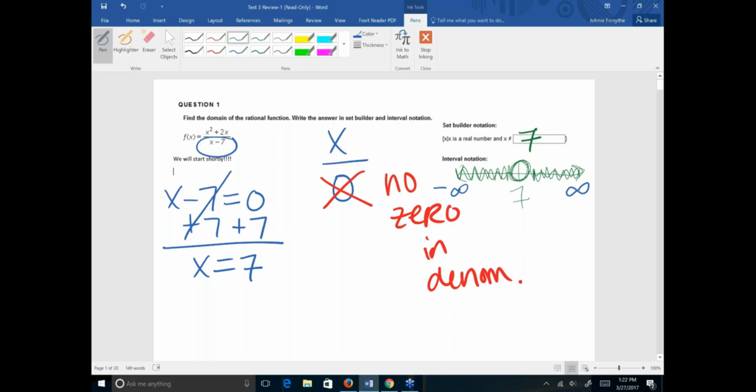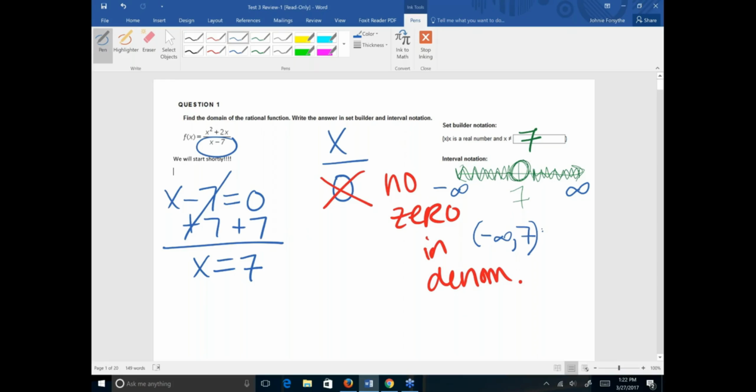You always want to write your interval from left to right. So starting from the left, we're starting with negative infinity. You always use a parenthesis with infinity, comma, all the way to 7. We are not including 7, so we're going to use a parenthesis. And then we have another interval, which is the right side of 7.